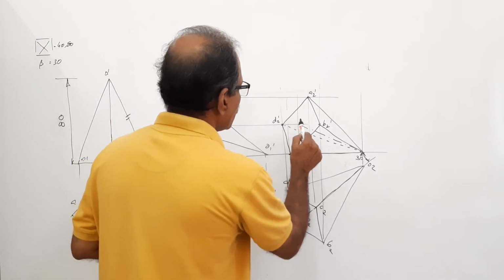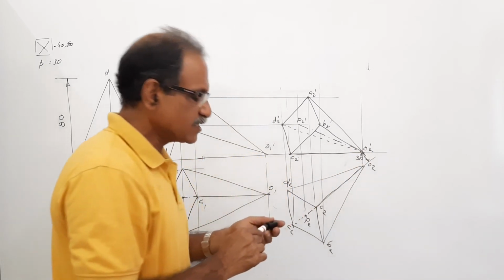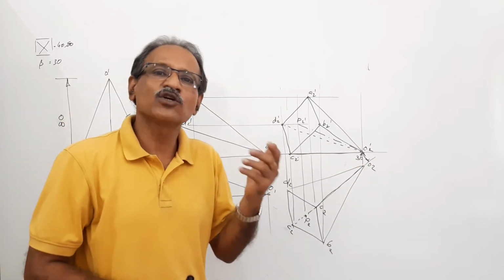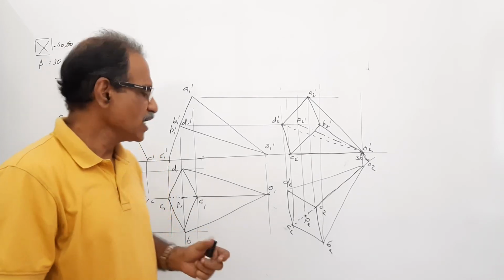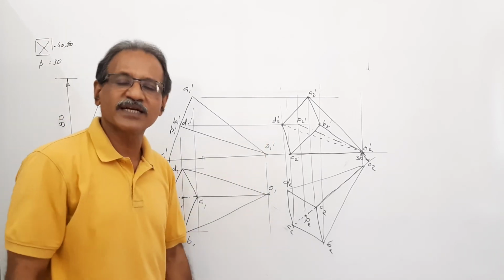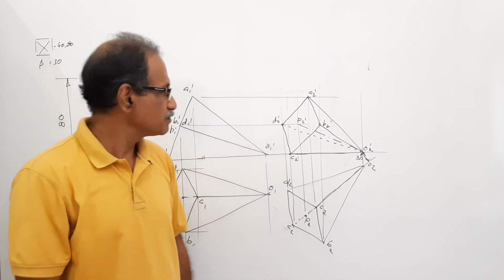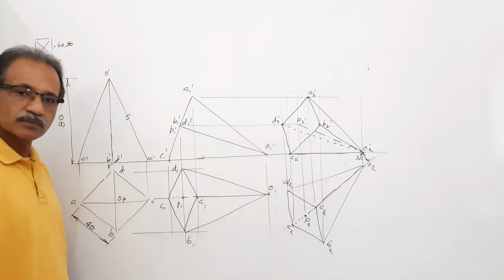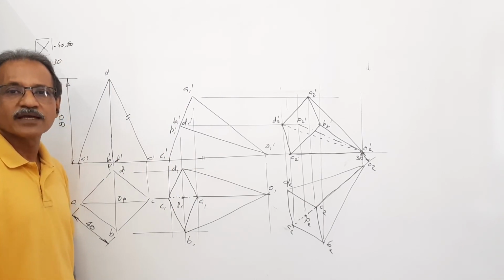This is P2 dash and this is O2 dash. Since there are only 6 points, you can draw it terribly fast. This will maximum consume about 10 minutes. Even if you adopt the redrawing method, this will hardly take 10 minutes. I hope you understand.